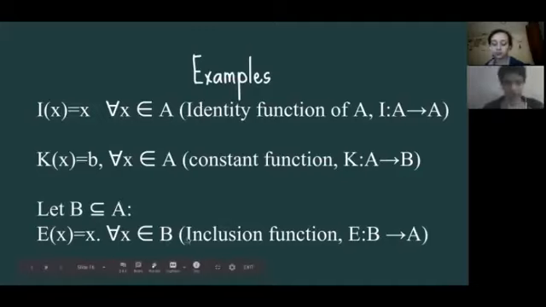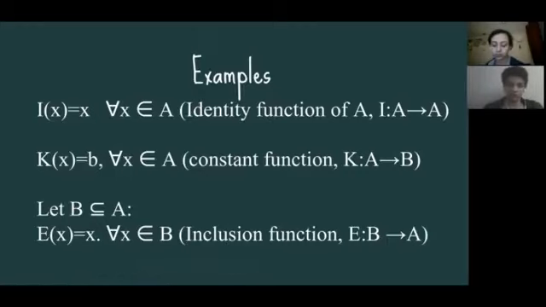For the last one, it's definitely injective because every element in B is paired with itself. It's not necessarily surjective. The only case it will be surjective is if B equals A, because then we'll have the identity function, which is surjective and injective. And the reason why, you can just imagine two circles, a bigger circle and an inner circle.